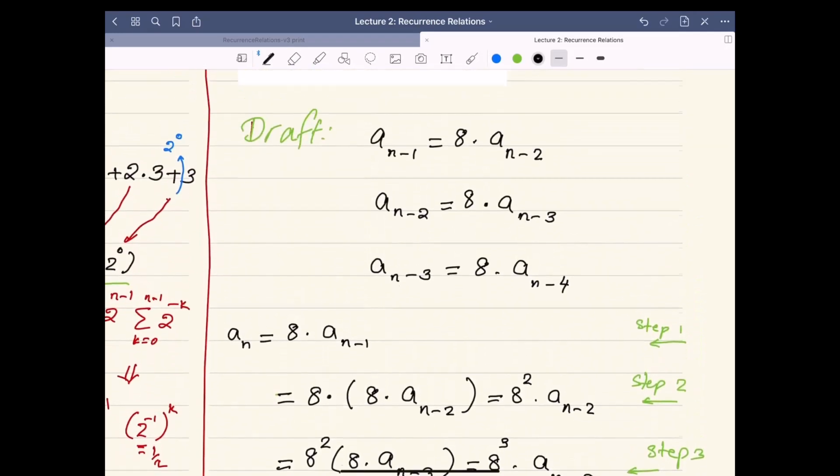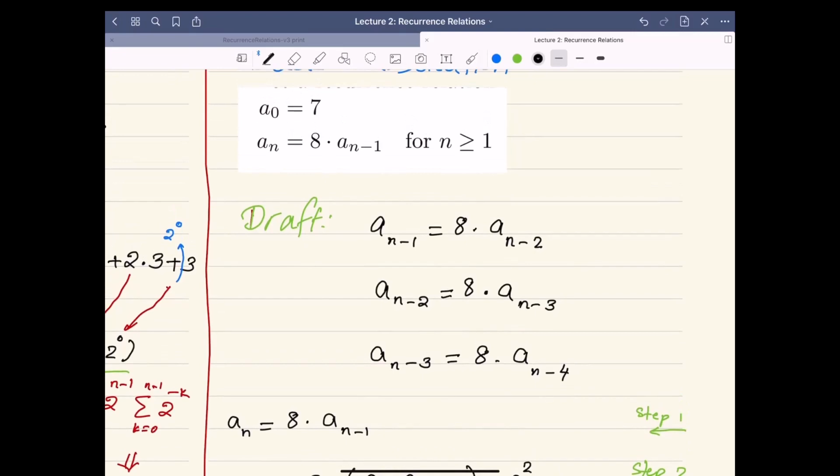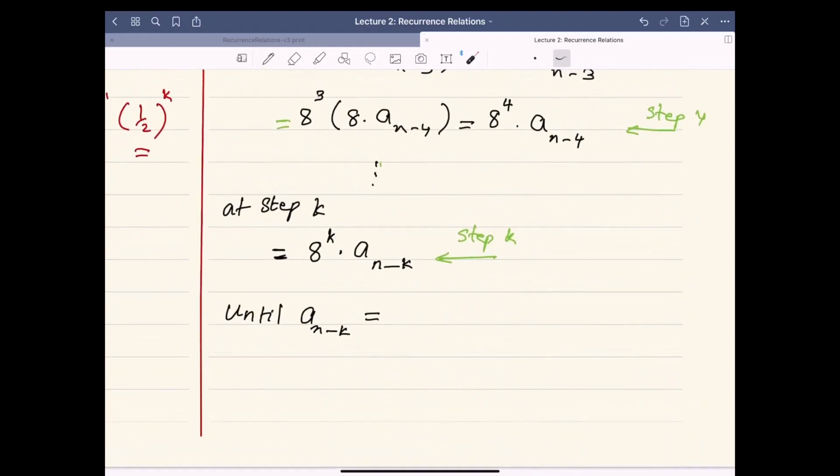The initial value is equal to A0. Don't write 7, write A0, because A0 is the term. So until we reach A0, and if these two values are equal, that means these also should be equal. And if these are equal, we can say that n minus k is equal to 0. So the value of k is in fact equal to n.